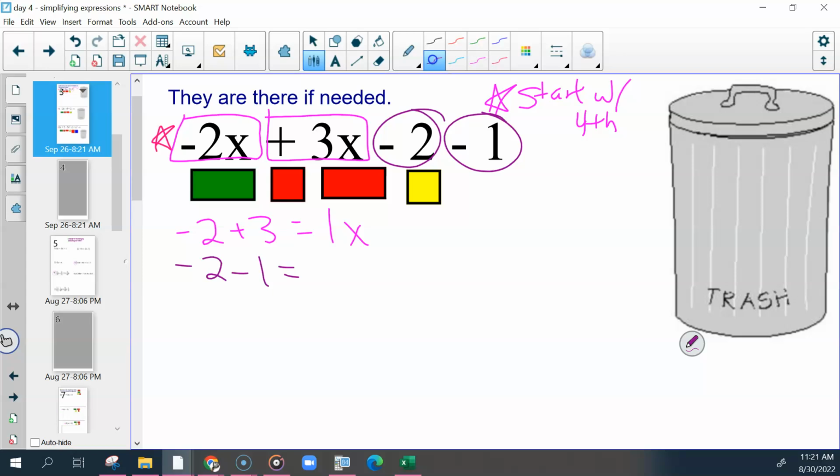And we can say this out loud. Negative 3. So our final answer would be 1x minus 3 or x minus 3. A lot of the times you won't see that 1 in front. You can still put it for now if you're more comfortable with doing that. But we're going to start to move away from that.